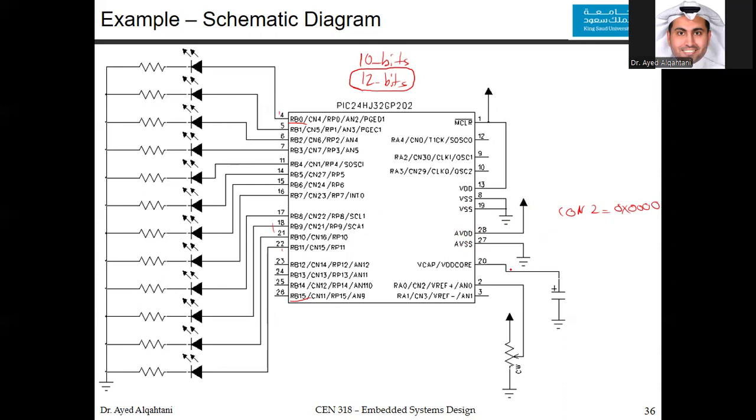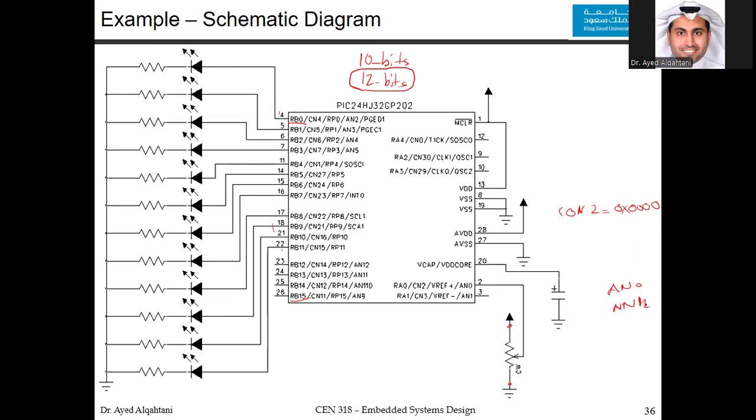Other than that, we will use the potentiometer here. And we connect the three terminals. This is VDD and this is ground. And this one here, the variable resistance, is connected as an analog signal, and you have the choices from AN0 to AN12.